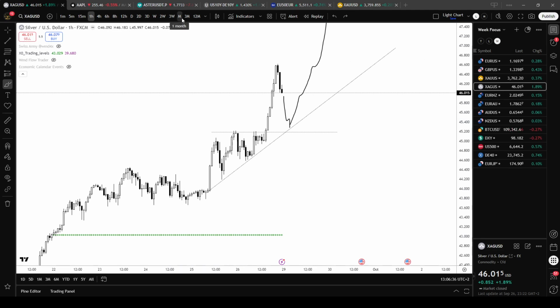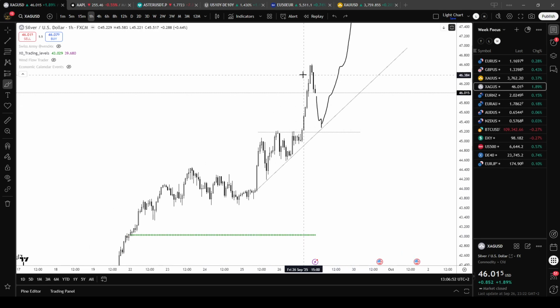So next week we'll revisit the monthly candle because we'll have a new one, and we will be asking, are we seeing the low of the month? So that's the plan. We need to be smart and patient about it, and I'd much rather not force a trade after this euphoria that we saw on Friday.